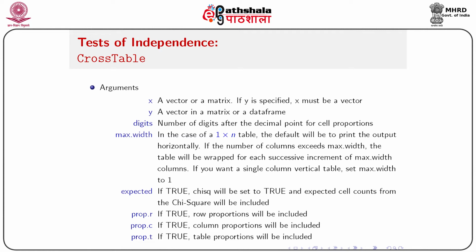Expected: if true, then chi-square will be set to true and expected cell counts from the chi-square will be included. Prop.r: if true, then row proportions will be included. Prop.c: if true, then column proportions will be included, and prop.t: if true, the table proportions will be included.